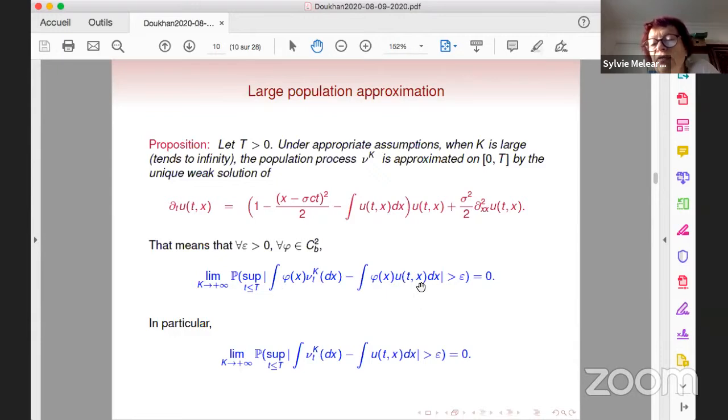These two quantities are very close. And in particular, the total mass of nu k is close to the mass of u when k is large. We will use it.